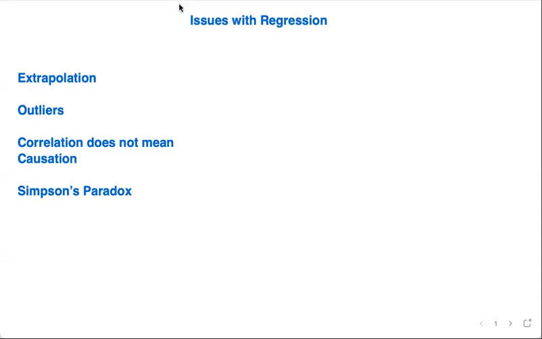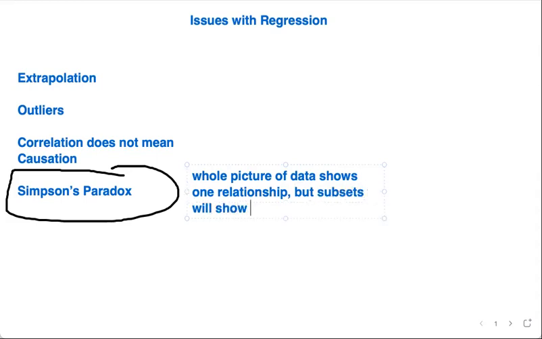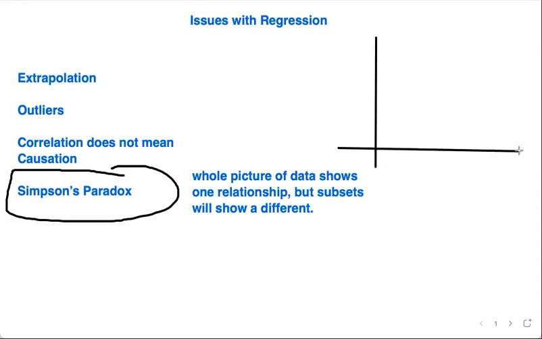Lastly, Simpson's paradox. This one is fun. I've actually seen this once in real life with real data. Basically, the whole picture of data shows one relationship, but subsets will show a different one. A visual on, again, a scatter plot: if you watch me draw this, you're going to see the subsets first of all.